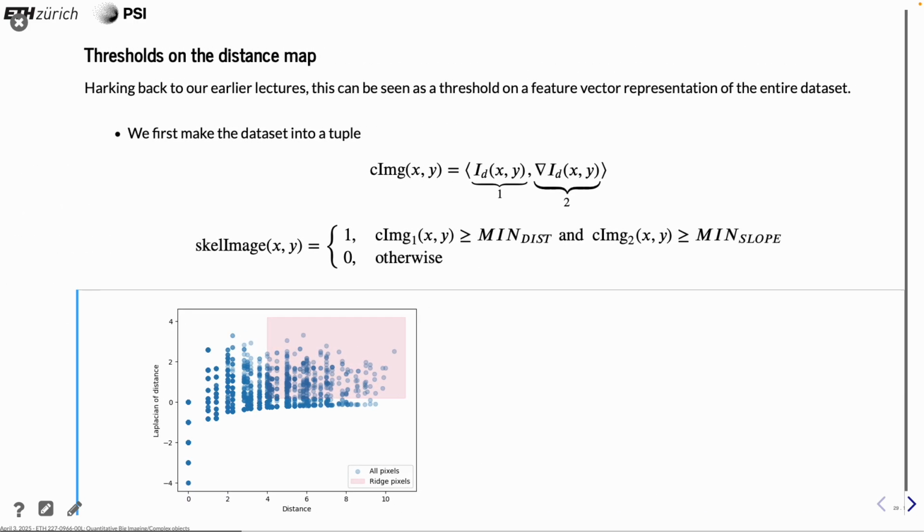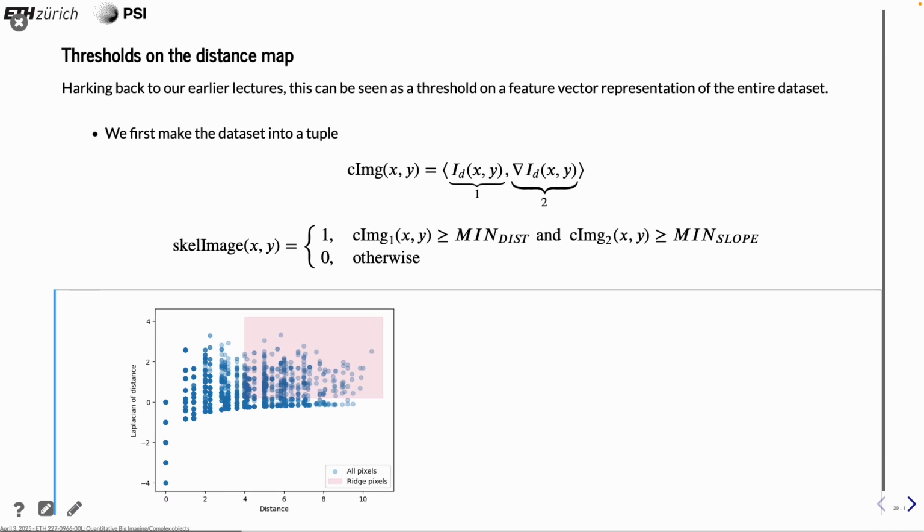That gives us a two-dimensional decision space, looking at these two images, that we can do by a joint histogram. And if we do just these two thresholds, we see that up in this box are the pixels that we can expect to be in the skeleton.